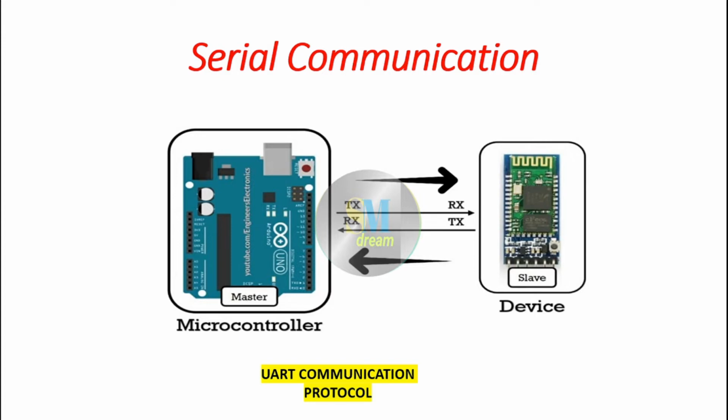Arduino sends data by the TX pin and the device receives the data, and whatever feedback the device has, it can send by using its TX pin, and Arduino can receive the data from this device by using the RX pin. In that way Arduino makes a UART data communication between the Arduino and this device.